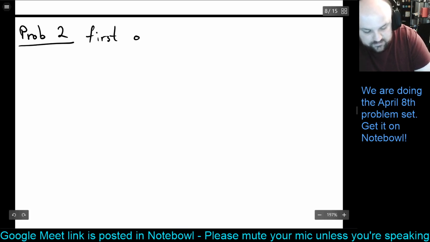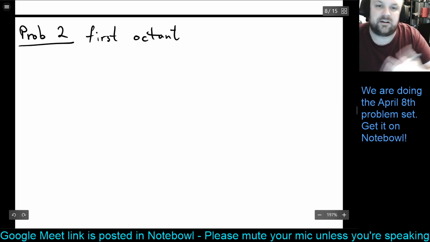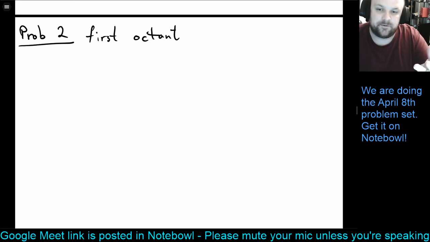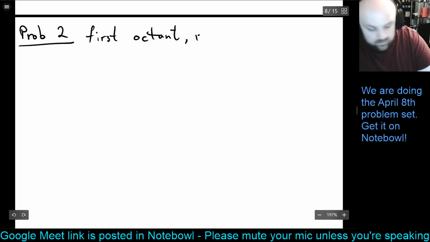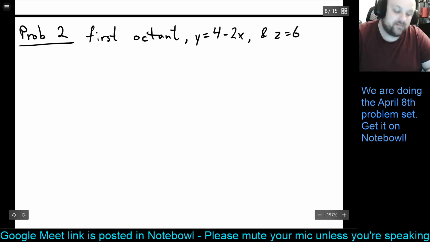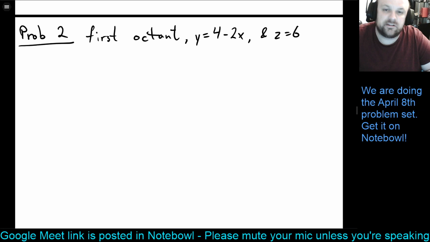First octant. Remember, the first octant is where x, y, and z are all positive. Right? So it's bounded by that. The plane y equals 4 minus 2x, and z equals 6. Alright, so we're looking for something in the first octant bounded by these two planes.